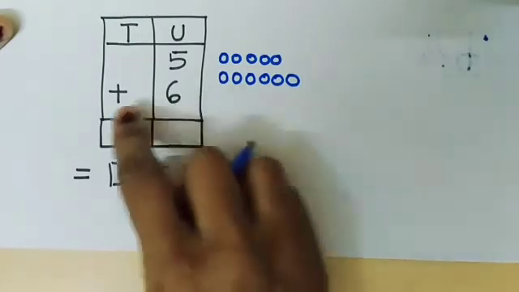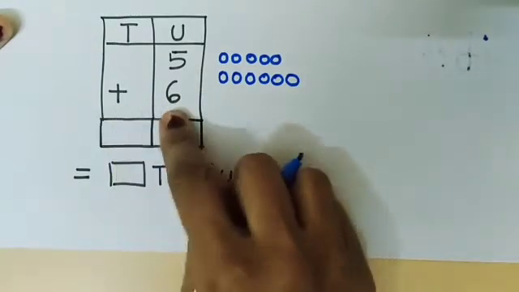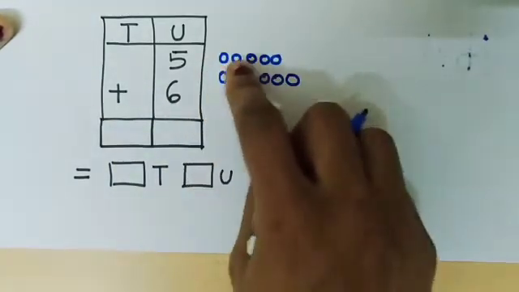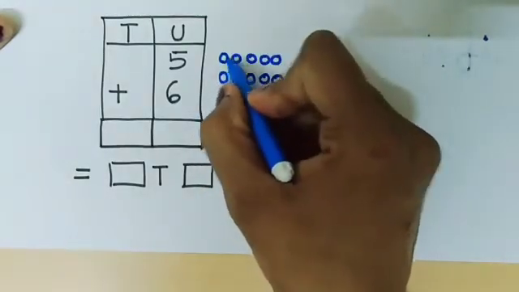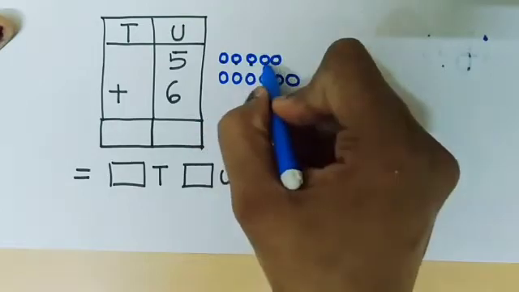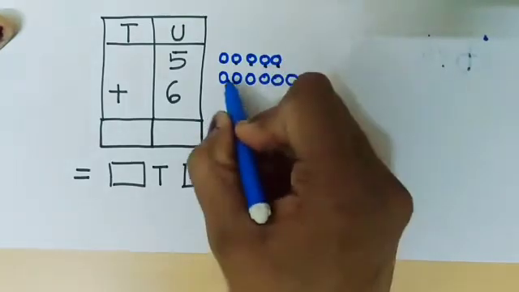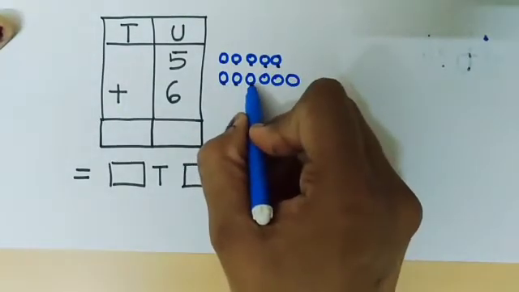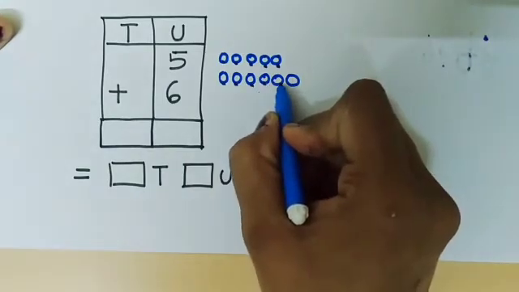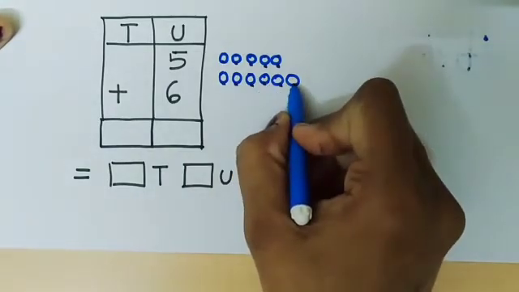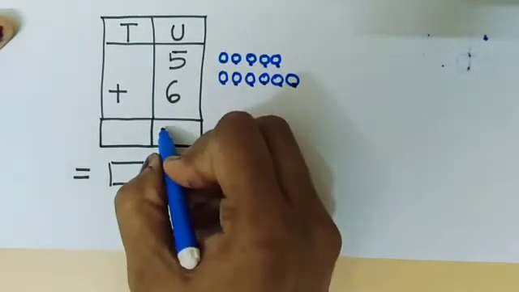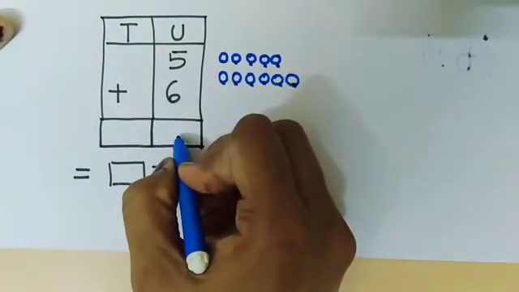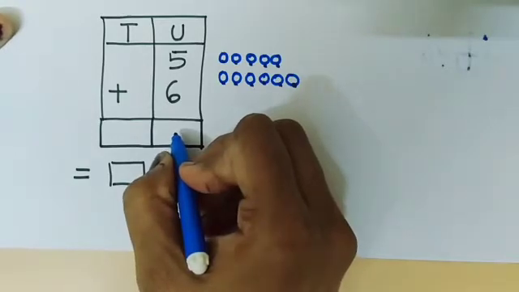Now children, we will add all these beads together, one by one. 1, 2, 3, 4, 5, 6, 7, 8, 9, 10, 11. We have 11 beads here, children. So shall I write 11 here in the unit column?